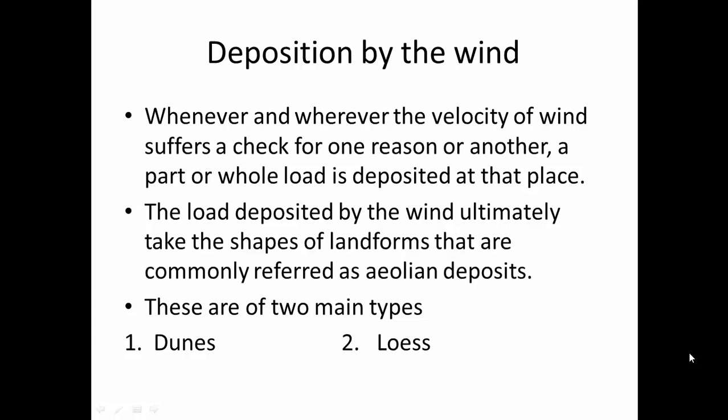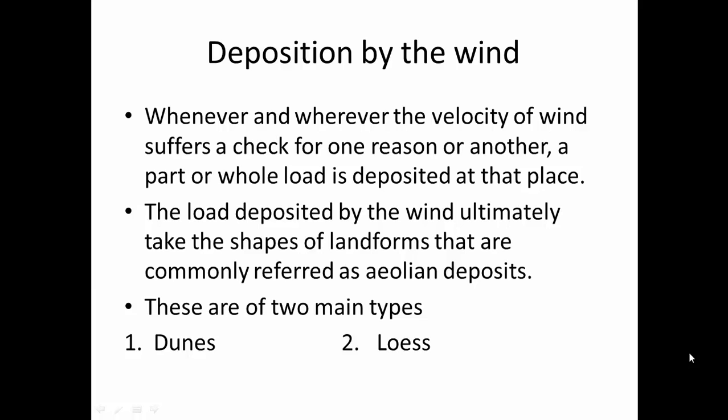Second is loess. The term loess is used for wind-blown deposits of silt and clay-grade particles. Typically, loess is unconsolidated, unstratified, and porous accumulation of particles of size range 0.01 to 0.05 mm in diameter. This size fraction makes almost 40% of a particular loess deposit, the rest being made up of the still finer clay grade material.